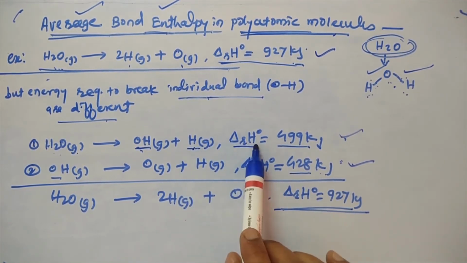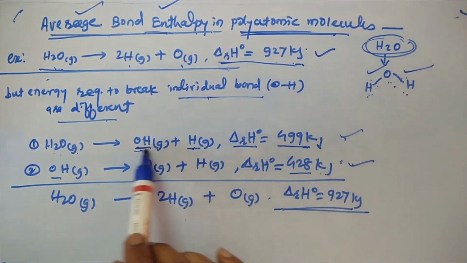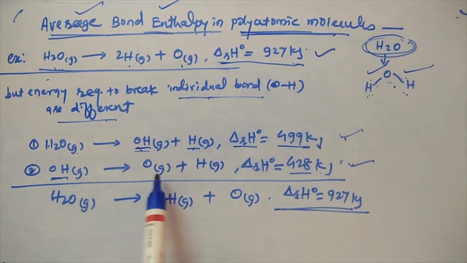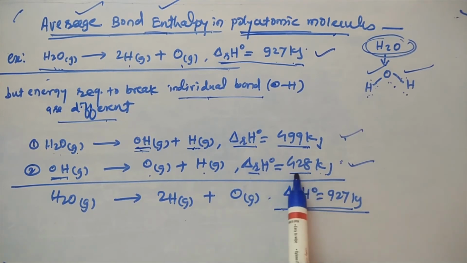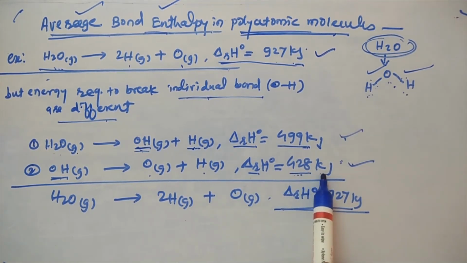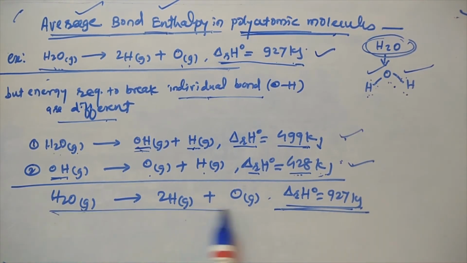Here the bond enthalpy is 499 kilojoules. And secondly, the next OH bond breaks to give oxygen atom and hydrogen atom, and the bond enthalpy is found to be 428 kilojoules. And this is the overall bond enthalpy for the whole reaction.